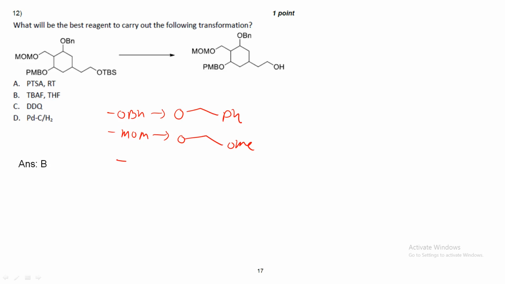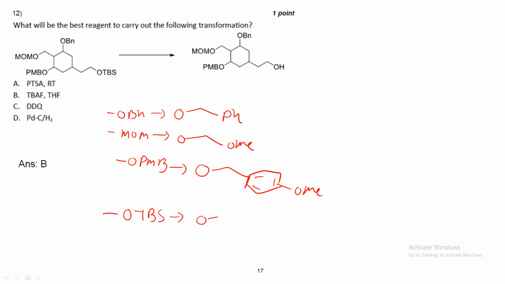Another thing is PMB, which would be paramethoxybenzyl. And another thing is TBS. So TBS is, so that tert-butyl is there, dimethyl silane. So this is TBS.